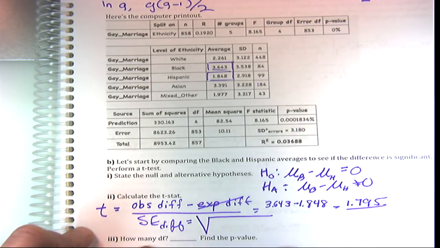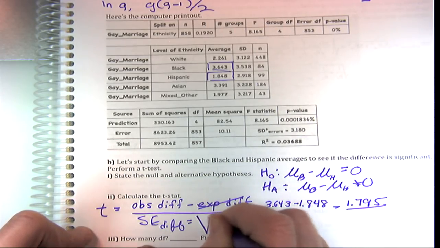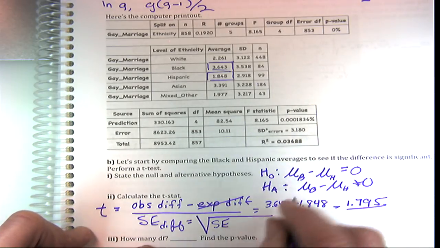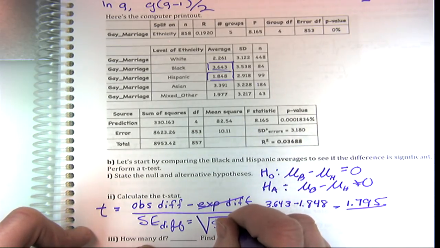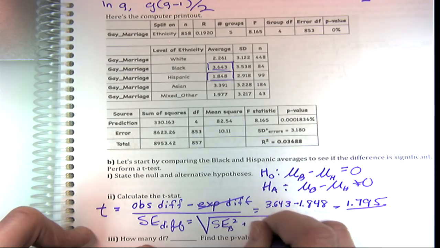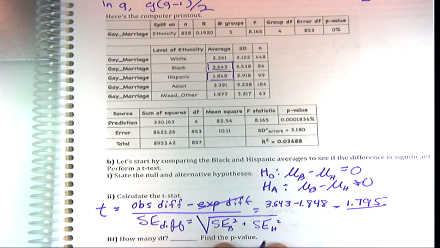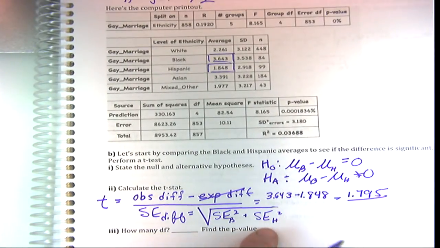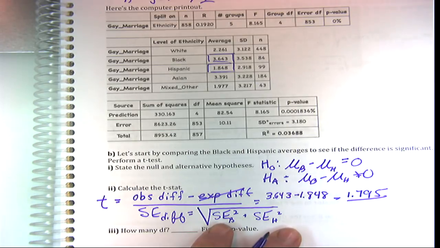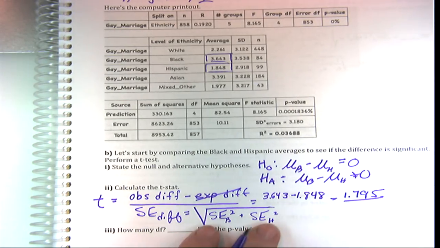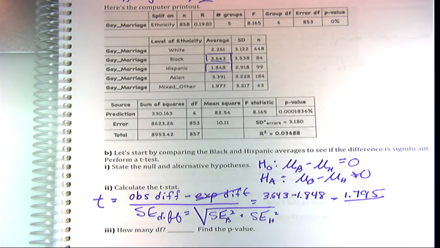So you're going to get a standard error from the Black group plus a standard error from the Hispanic group. And when you combine it that way, it's bigger than either one of them because there's two sources of error, but smaller than the sum of them. It's like the hypotenuse. It's bigger than either side of a triangle, but smaller than the sum.